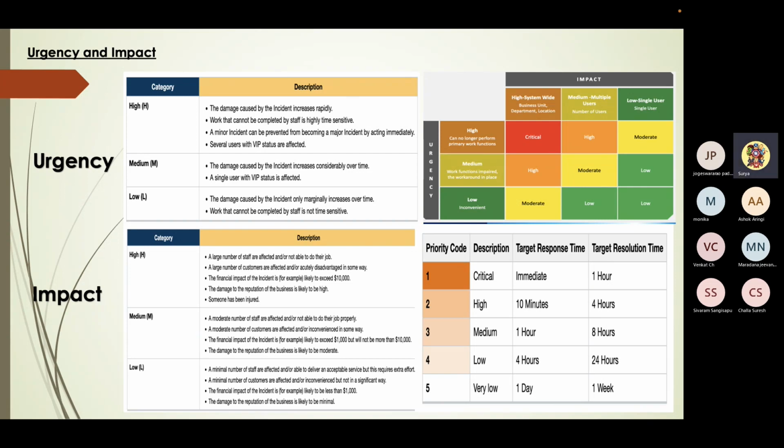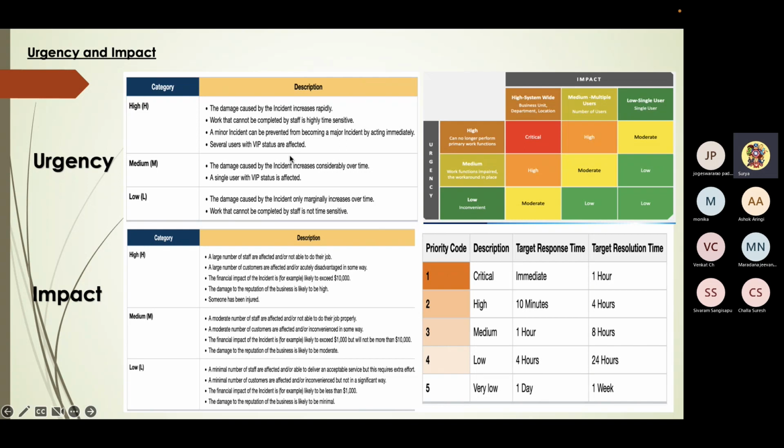And impact means effect, how badly it is affecting our business. First you forget about priority, keep priority aside. We will discuss urgency and impact. The urgency and impact will give the priority of the incident. So this is the priority matrix and this is the priority code.